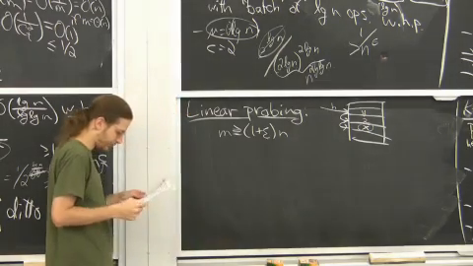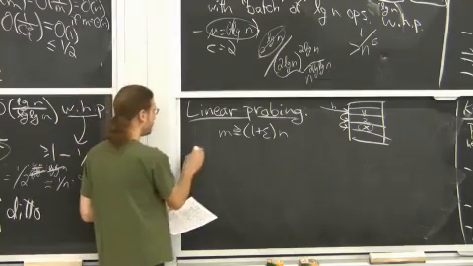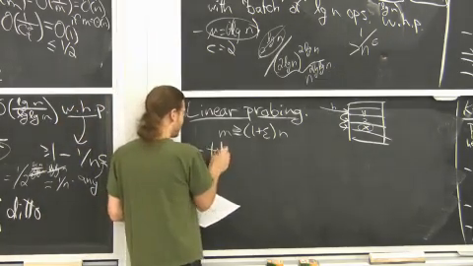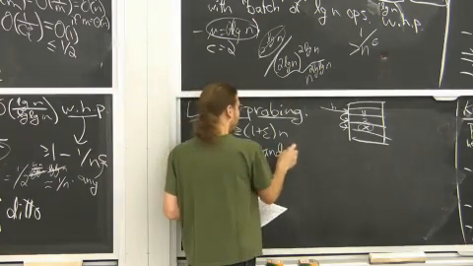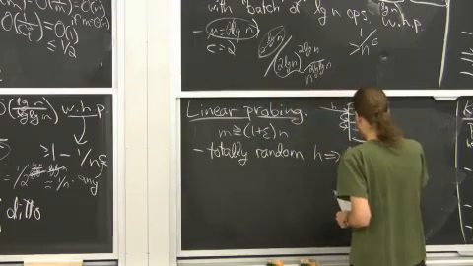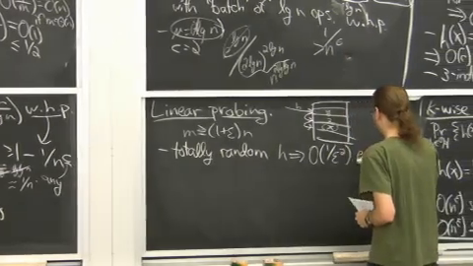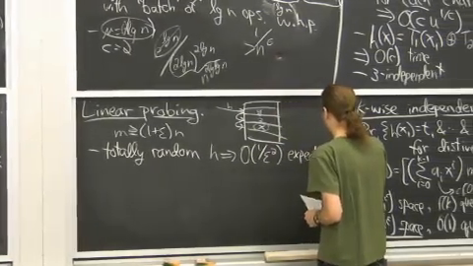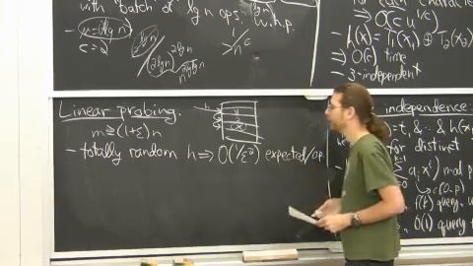Now, first let me tell you some things. The idea that it works really well is actually old. For a totally random hash function, you require constant time per operation.